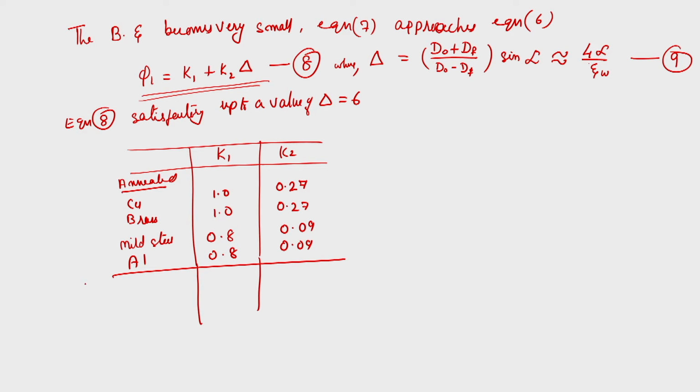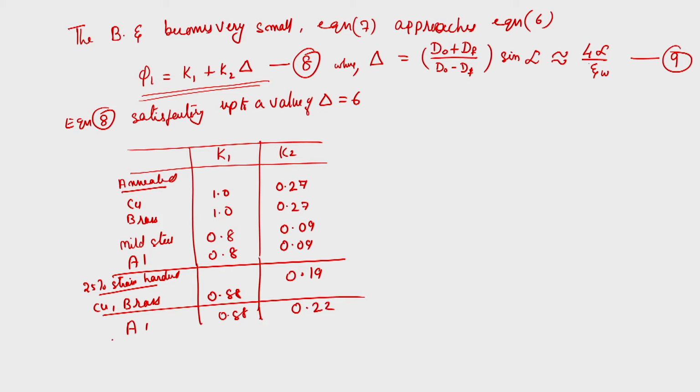And if you take say 25% strain hardening, so copper and brass it is 0.88 and 0.19, whereas for aluminum it is 0.88 and K2 is 0.22.